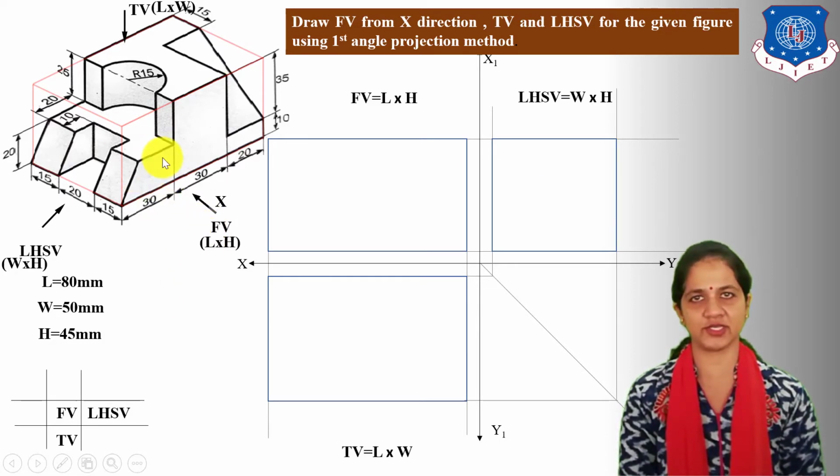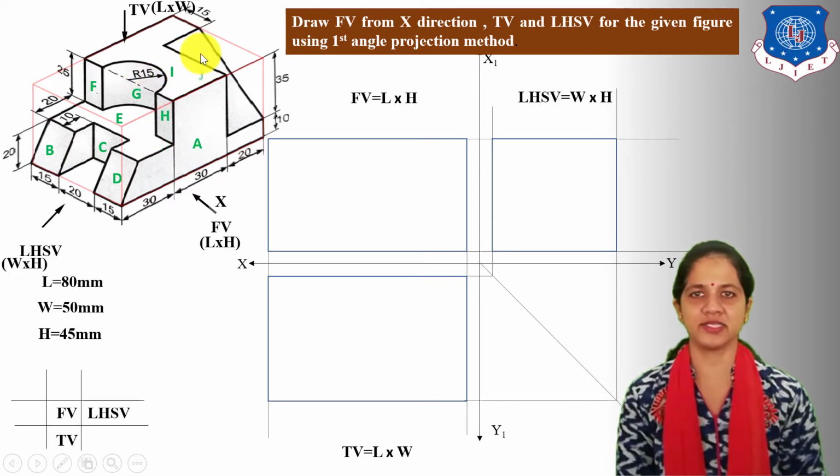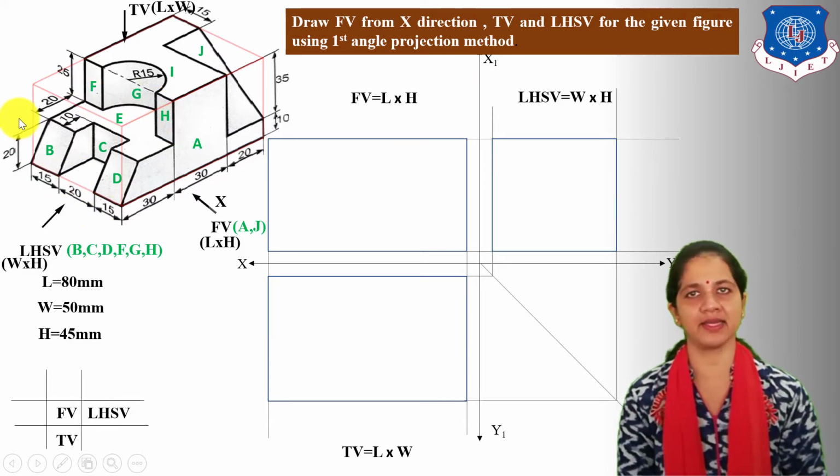Next, for easy visualization, divide this 3D object into different surfaces like A, B, C, D, E, F, G, H, I and J. From front direction, visible surfaces are A and J. From left hand side view direction, visible surfaces are B, C, D, F, G, H which cover width and height.